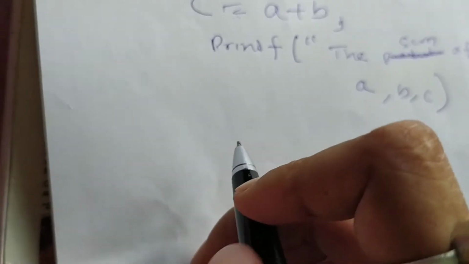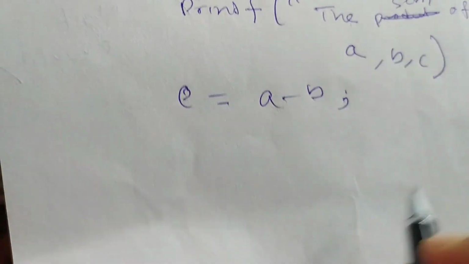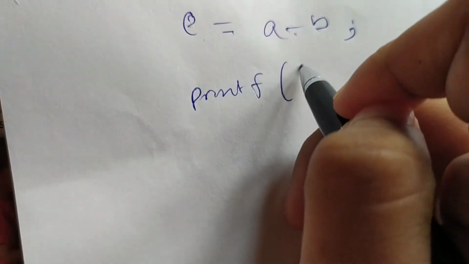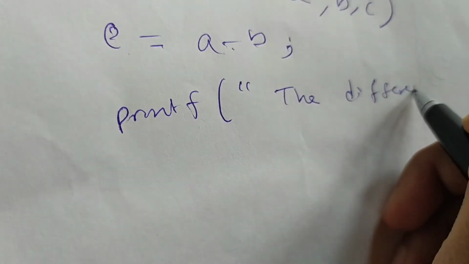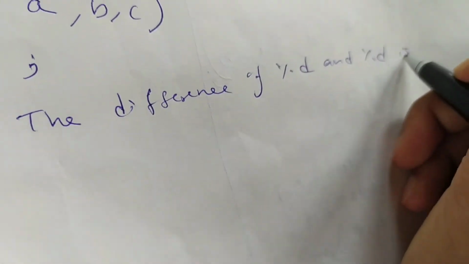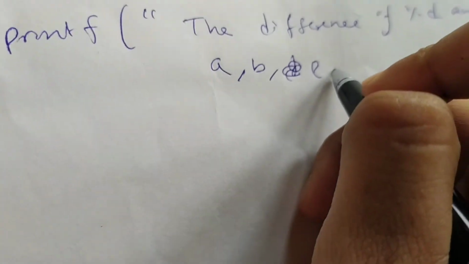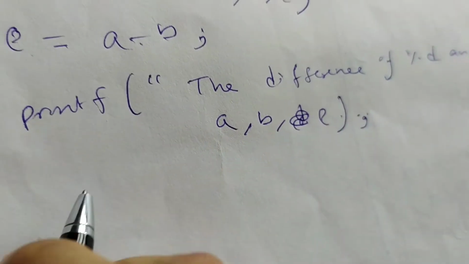Again I am assigning a value: e equal to a minus b. So this is another assignment operator. I am storing the difference between a and b in e. Printf "The difference of %d and %d is equal to %d", a comma b comma e.